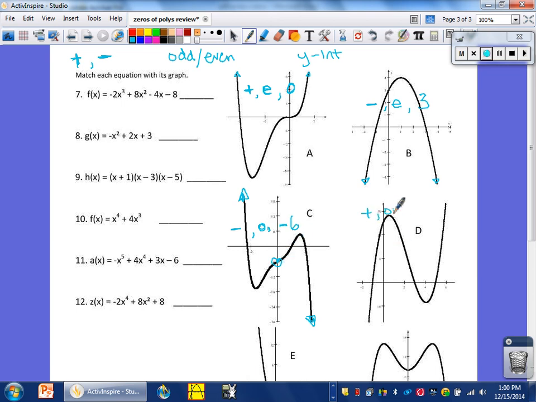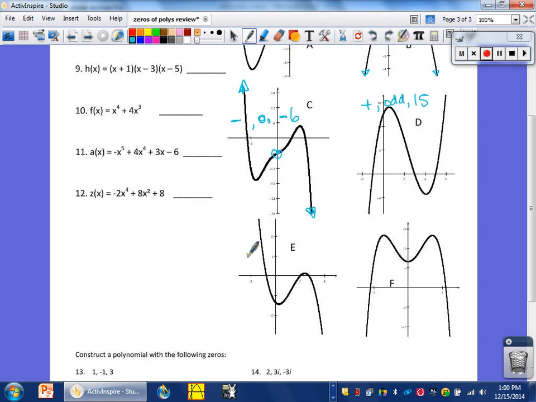This is a positive odd, and it crosses at 6, 12, 18, like 15 or so, I would say. Okay, this is a negative odd because it has a 2nd quadrant, 4th quadrant, and it crosses at, looks like, -8 or -9-ish.